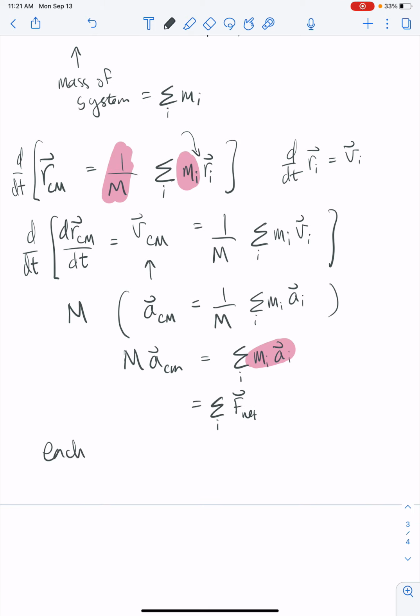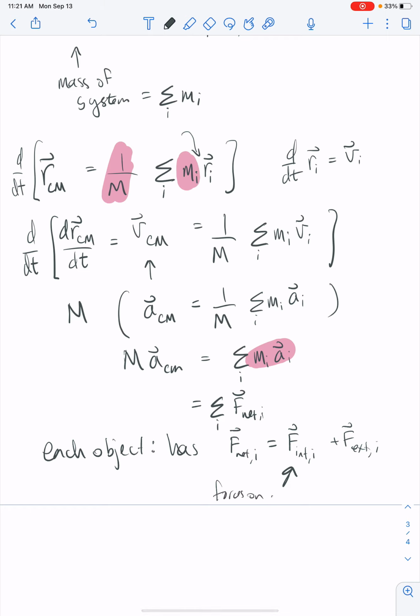So each object has F_i, which is F internal i plus F external i, where these internal forces are forces from other objects in the system, and this external F is forces from outside the system.